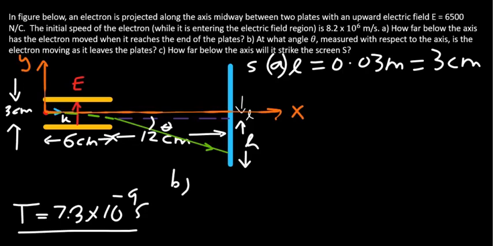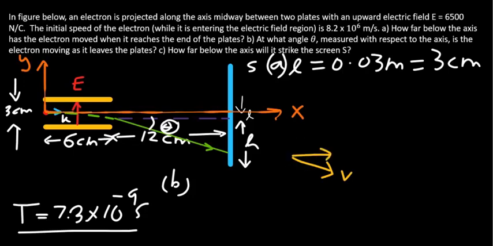Now let's look at part B. You want to determine this angle theta. Now this can be determined using the information on components of velocity. At that point, when the electron is getting out of the electric field region, it may be traveling with that speed at that direction.